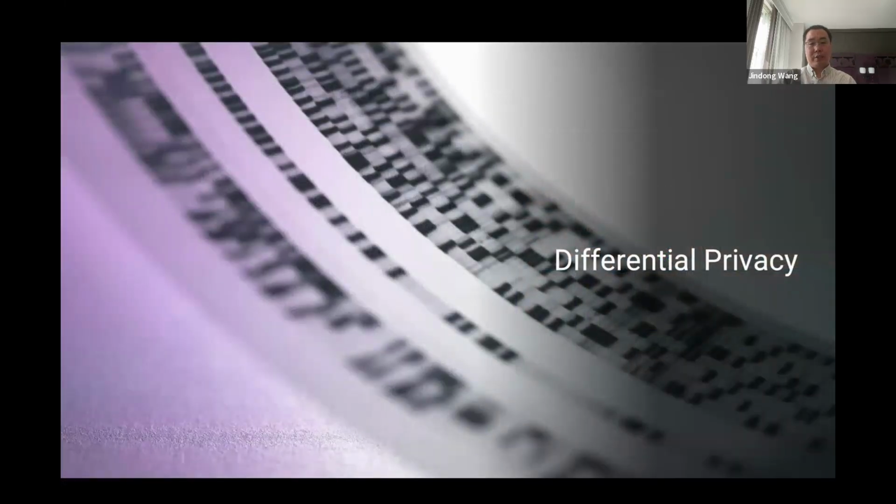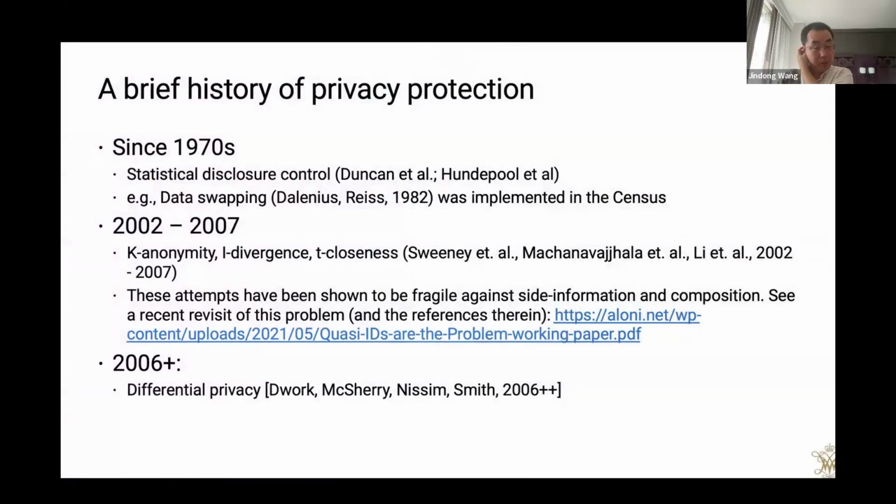And the third section is on differential privacy or DP. It's very popular. So a brief history of protecting people's privacy. Actually, it didn't start recently. It goes back to the 1970s when we had statistical disclosure control. So we do data swapping, like we swap different data, and that was actually implemented in the census.